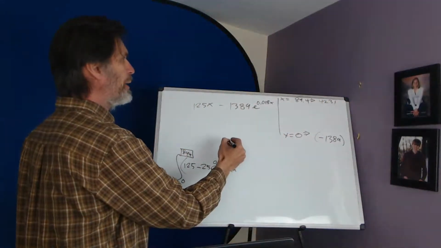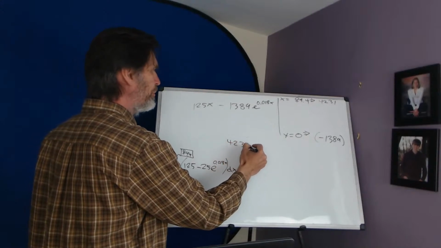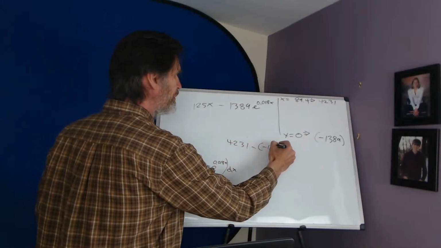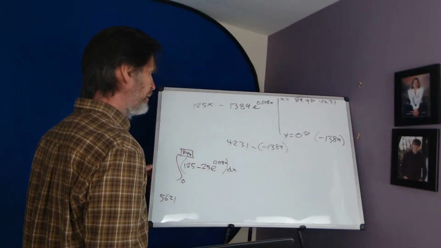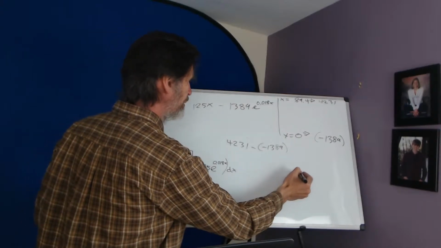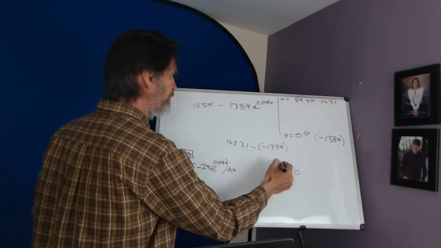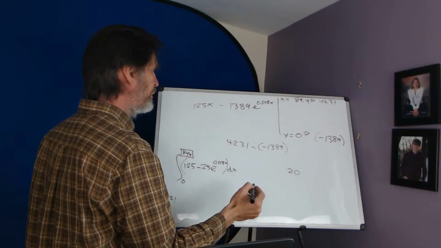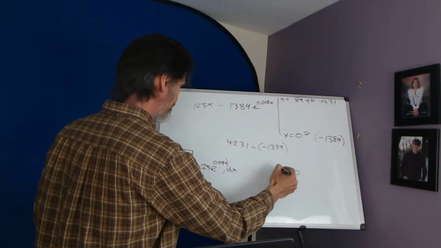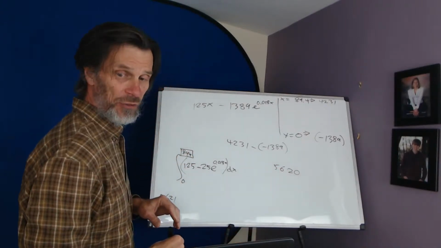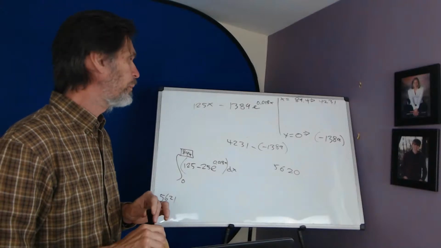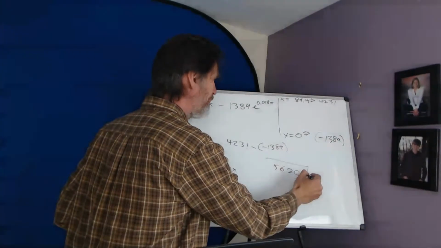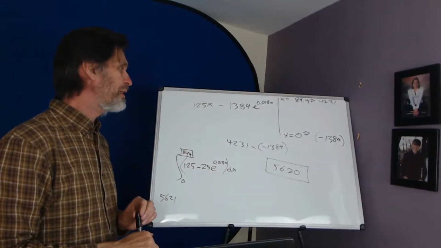So if I take the upper minus the lower, 4231 minus negative 1389, I'd be adding them together, somewhere around 56, 20 or so. So the area between those two would be that many square units.